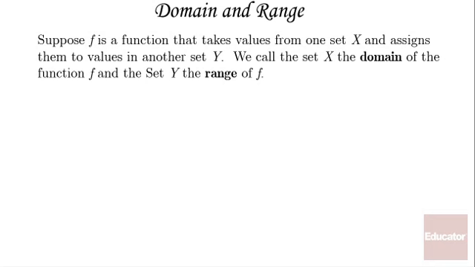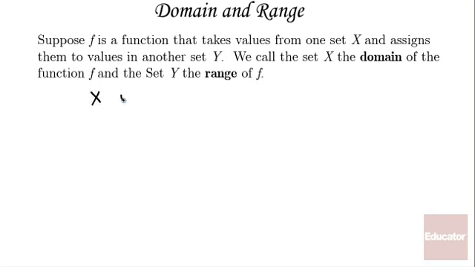Sometimes we describe the first set of values, or x values, as the domain, and the second set of values, or the y values, as the range. Suppose f is a function that takes values from one set x and assigns them to values in another set y. We call the set x the domain of the function f, and the set y the range of f.